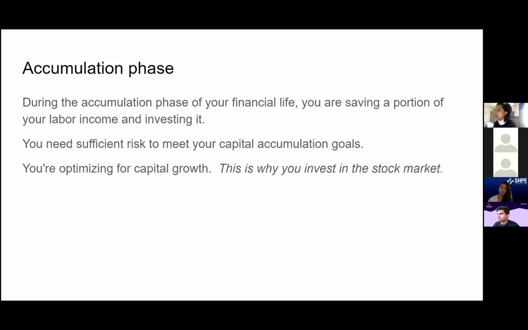And I'm telling you, this is where we start talking about stocks. This is why you care about the stock market: it gives you a return that's sufficient for you to save enough to retire. You're trying to invest over the long haul, and you get a nice return from the stock market.